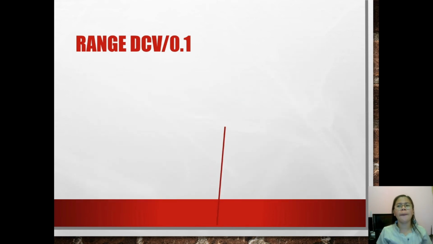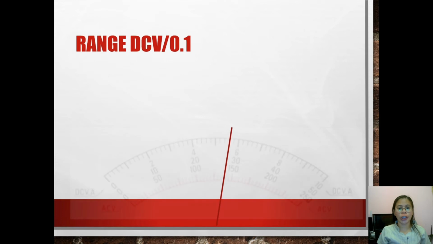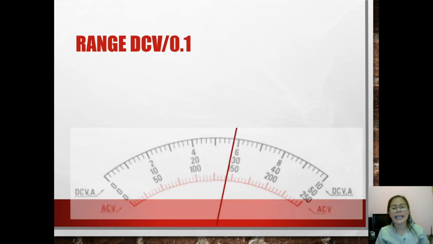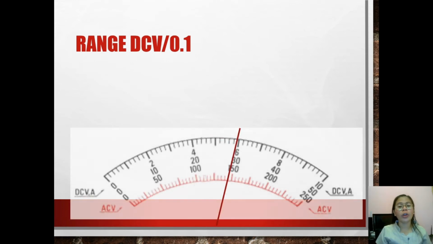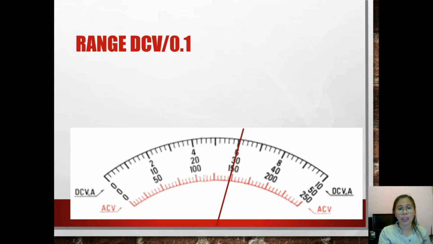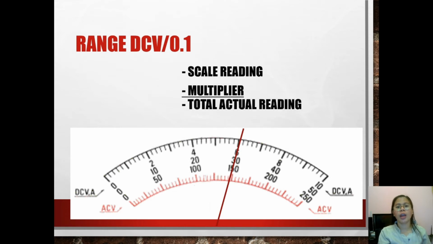Okay, let's have another example. If our multimeter pointer points on this scale, what do you think is the actual reading? First, identify the range. Our range being used is 0.1. And what do you think is the scale that we are going to use?